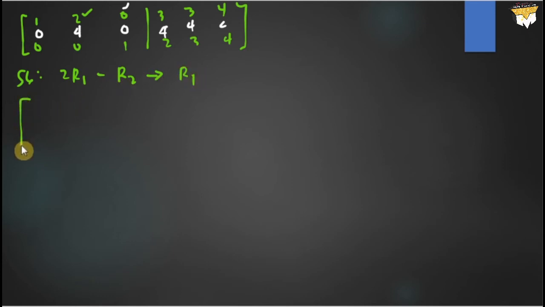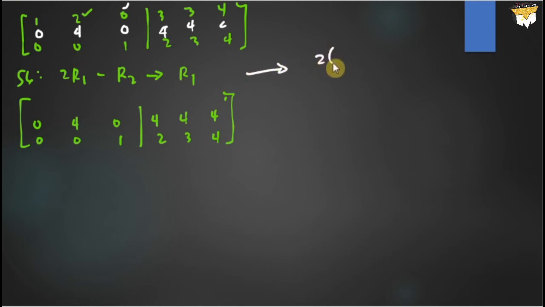So, we have yung row 2, same pa rin. We have 0, 4, 0, then 4, 4, 4. Then, we have 0, 0, 1, 2, 3, 4. Alright. So, i-perform natin to. Ano yung 2 times row 1?